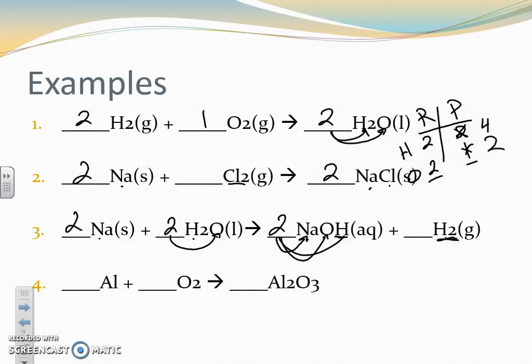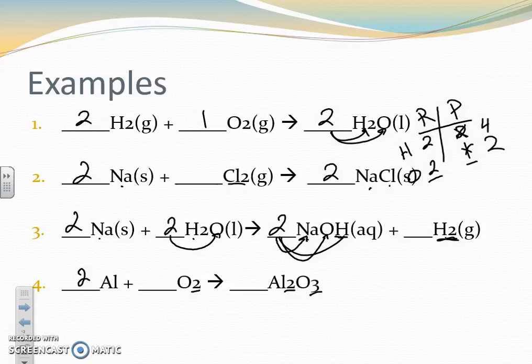The fourth one here. Looking at this, it looks like aluminum's not balanced, so I'm going to put a 2 here, because I have 2 aluminums over here. I have 3 oxygens and 2 oxygens here. Well, I'm in that same boat. I have an odd number on one side, an even number on the other side.